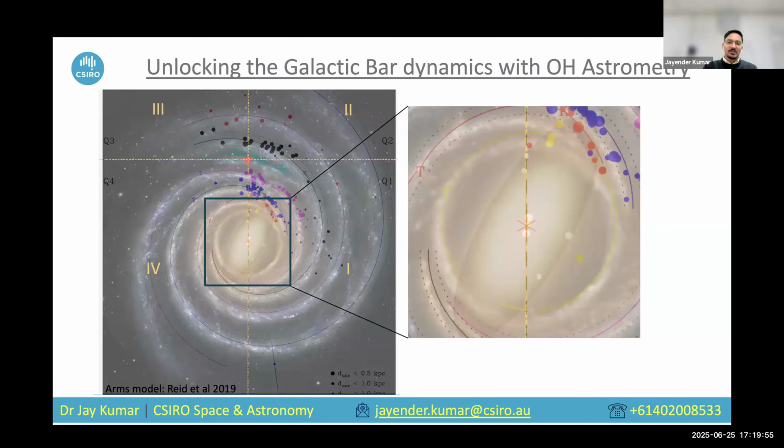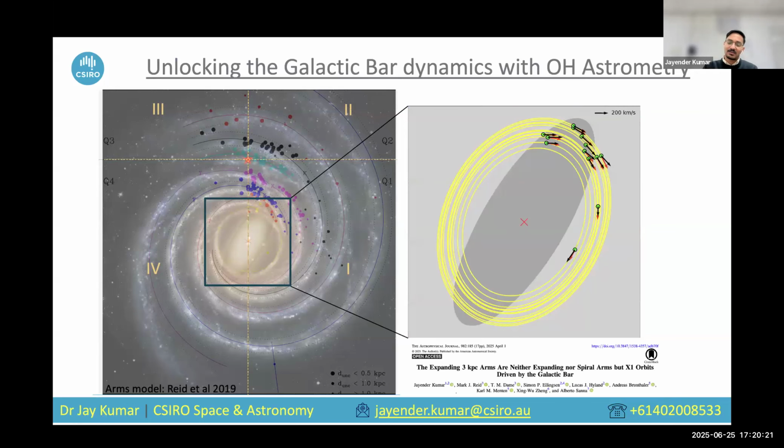Okay, so this is one of the regions that I worked on during my PhD. This is the same image that you have seen before. I'm just zooming in on that inner Milky Way region. What I want to focus your attention on are these yellow circular arms, which we earlier used to call the expanding 3 kiloparsec arms.